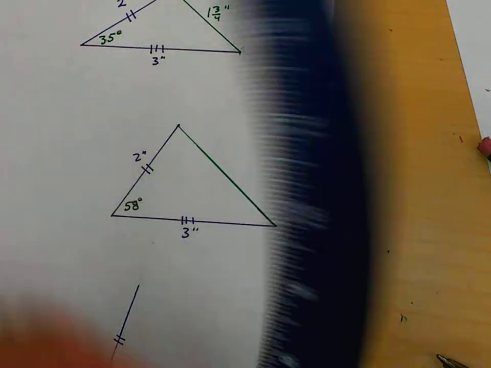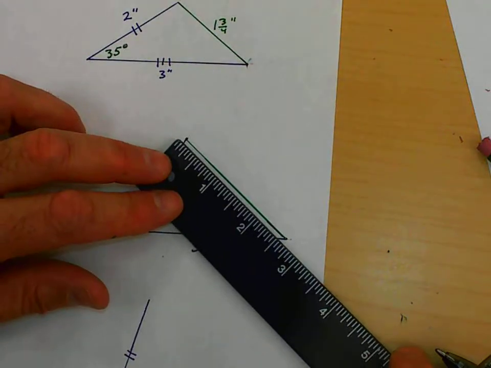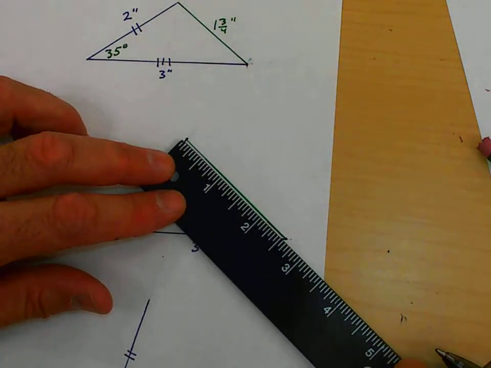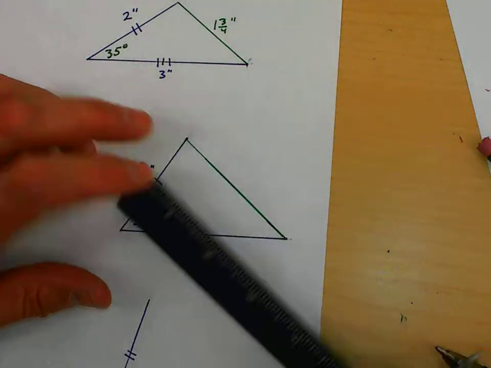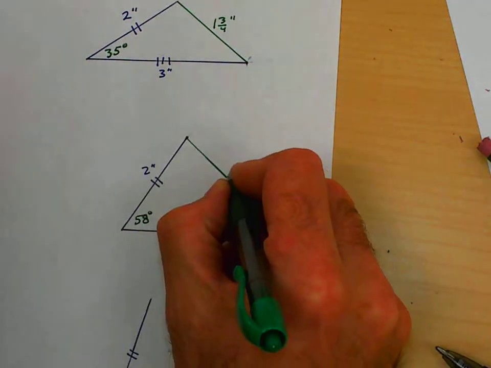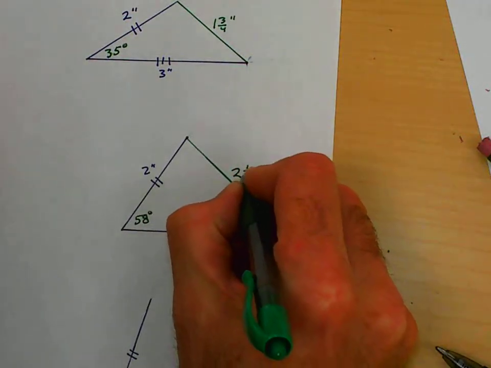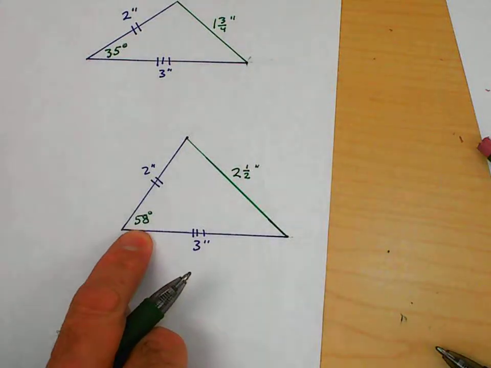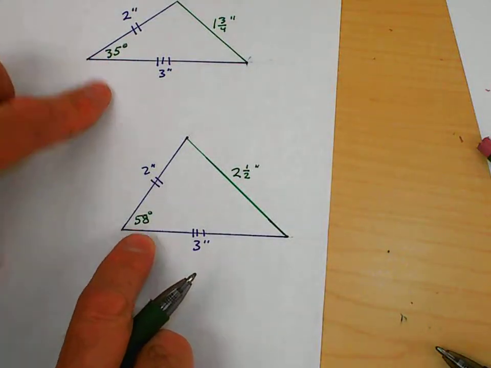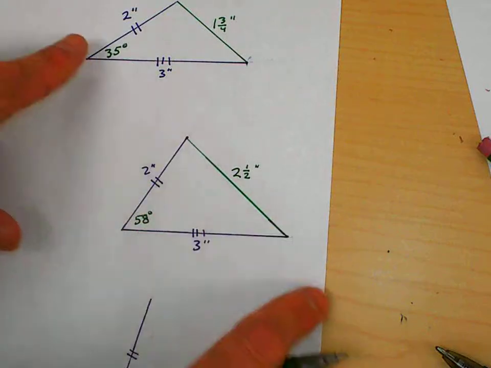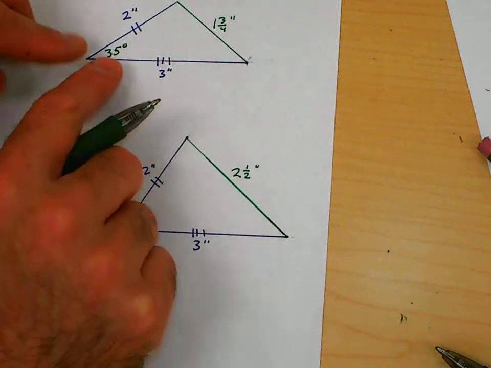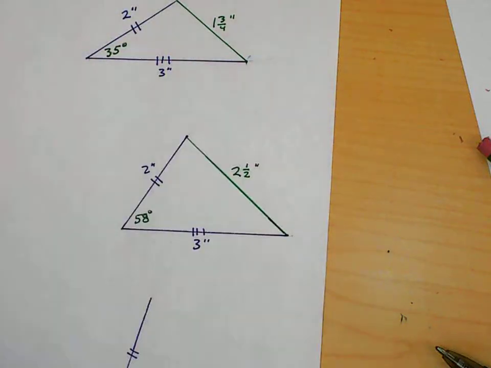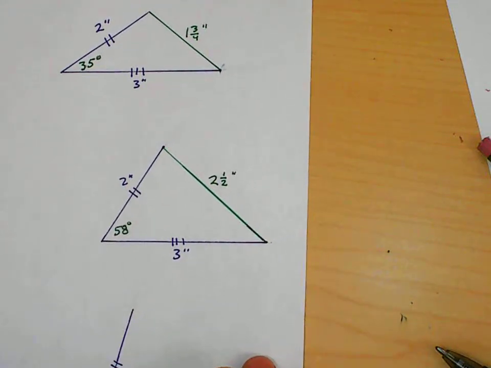Let's see how long that is. So if I look at my ruler, that looks like about 2.5 inches. So again, this being bigger than this opens this other side to be 2.5 inches, where this only opened the side to be 1 3/4 inches. So there's a distinct difference.